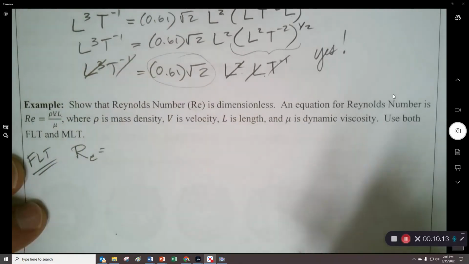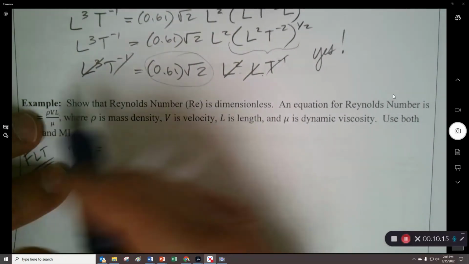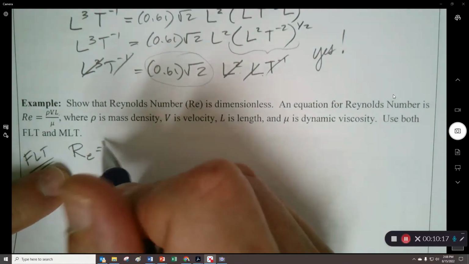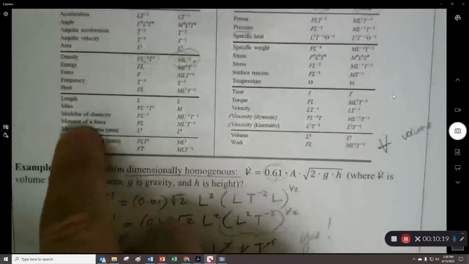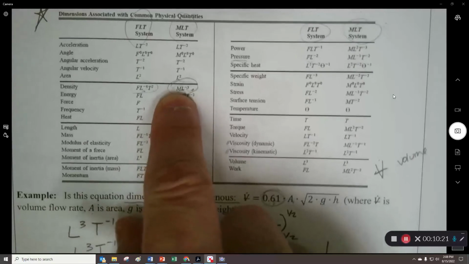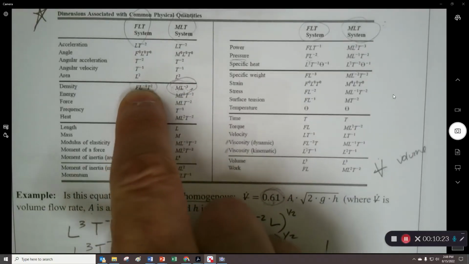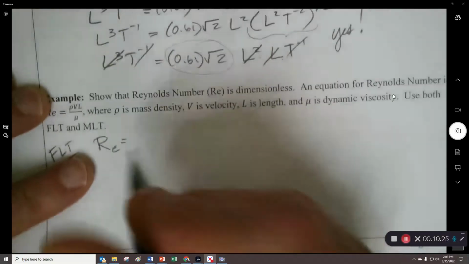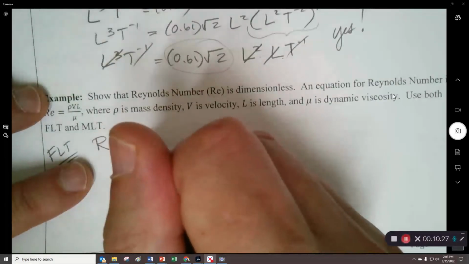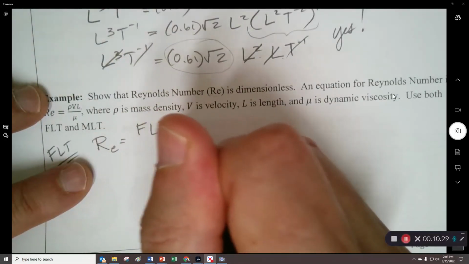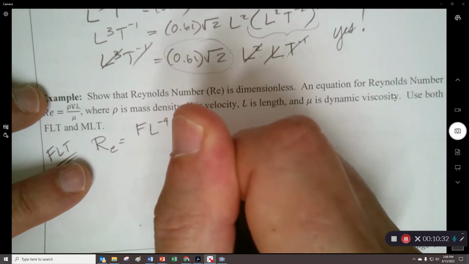In the FLT system, we'll go one at a time here. We'll say density in the FLT. So that's a hard one, right? We better look it up. That's force, length minus 4, time squared, so we get F L minus 4 T squared.